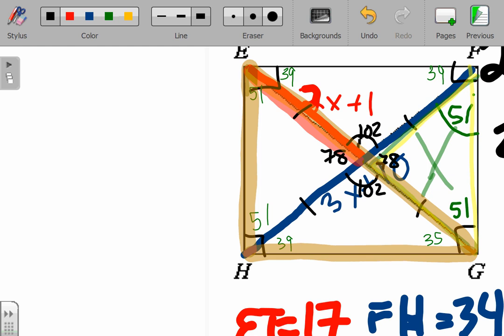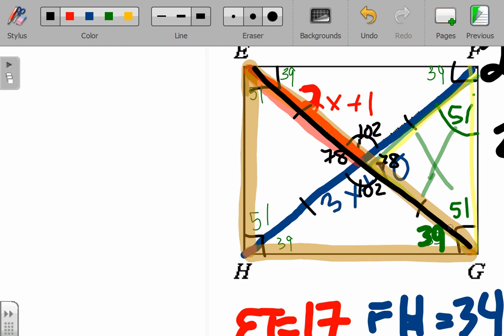Okay, so this triangle, we're going to go ahead and pull it out. EHG. We already have ourselves some angles. We've got 39 degrees there, 51. This entire length, of course, is 34.